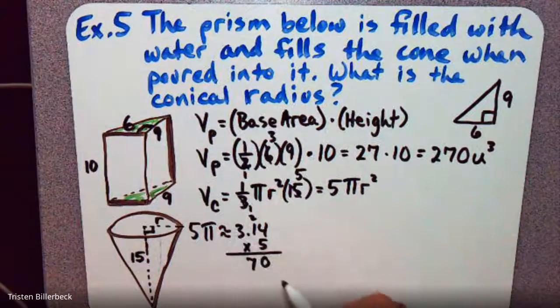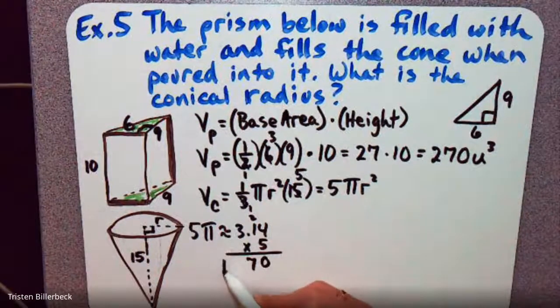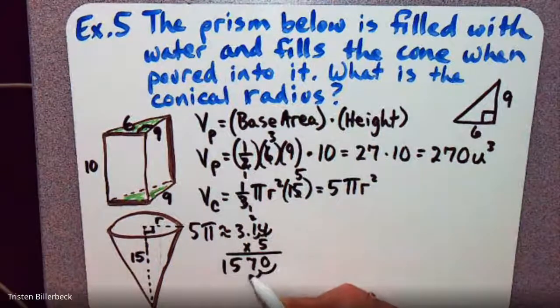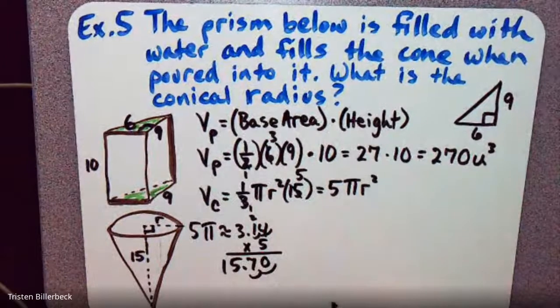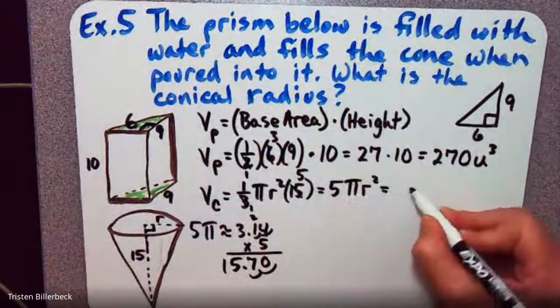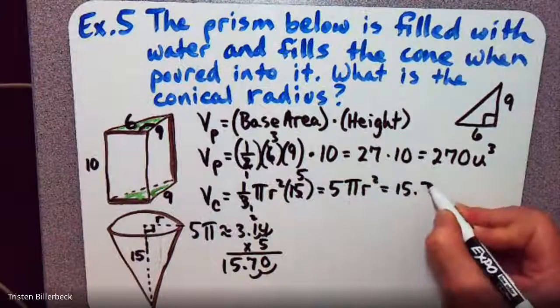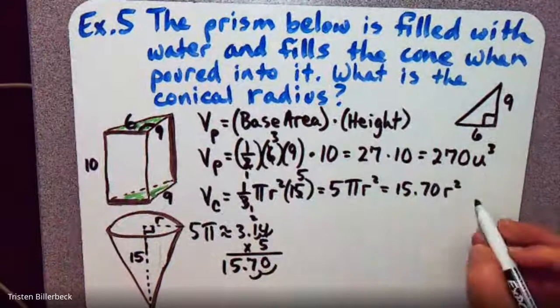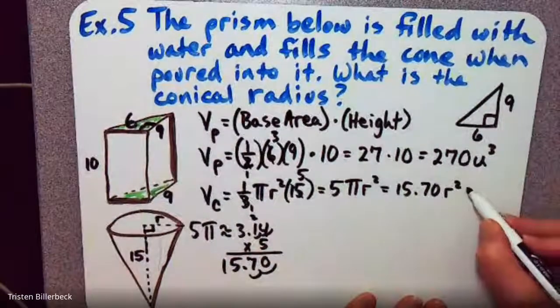And then 5 times 3 is 15. And we move the decimal 2 places to the right here. So that's what this amounts to. So this equals 15.70 r squared, and then that's going to equal this 270.